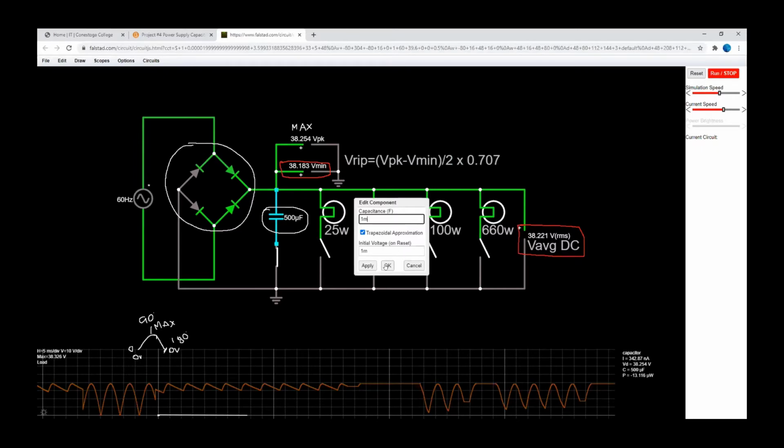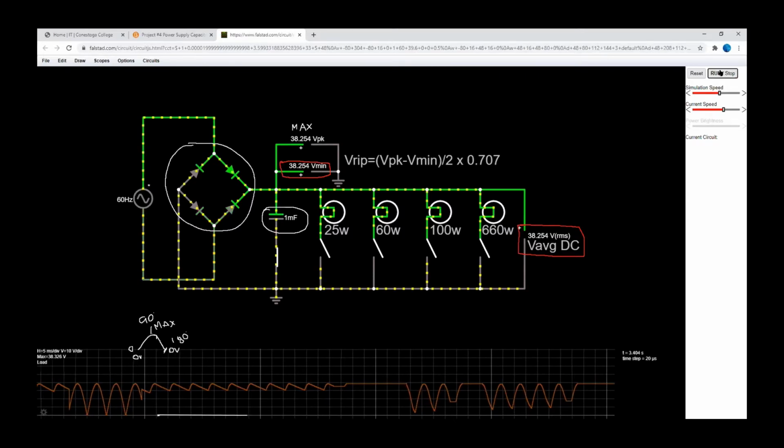It seems that 500 microfarad is more than 1 millifarad, but 1 millifarad would be pretty much like having in parallel two 500 microfarad capacitors. I could do that as well if you want to.